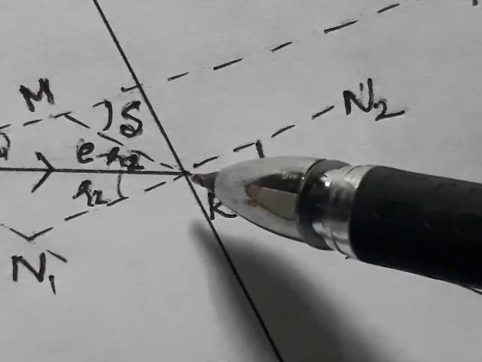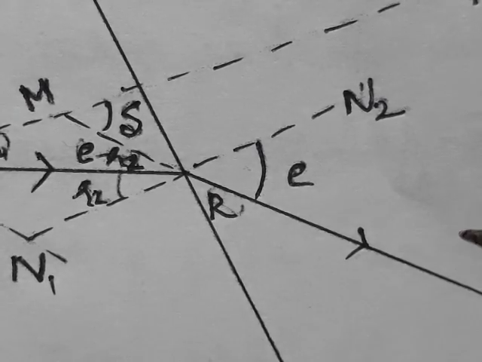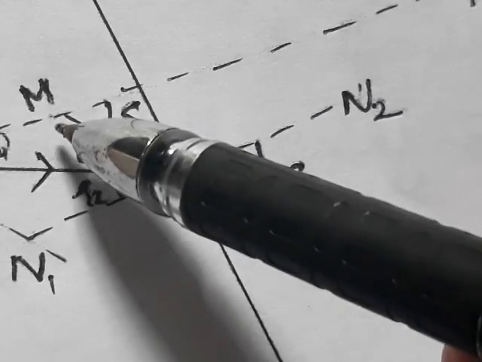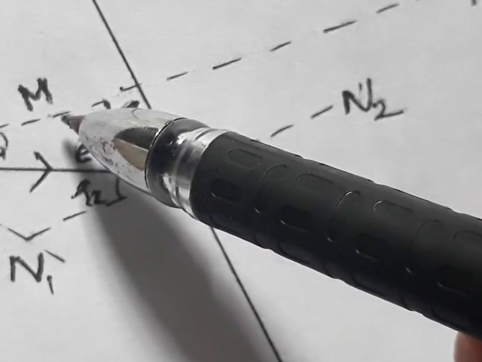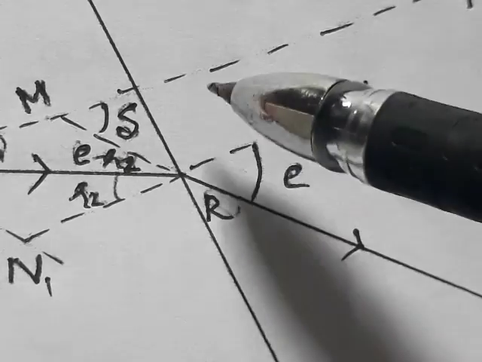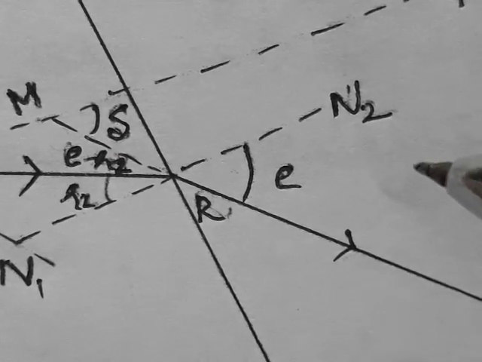But now the light has reached a path RS. It is taking a path RS. If you extend this, you get a point here, M, and this is the angle delta through which the light has deviated from its original path.